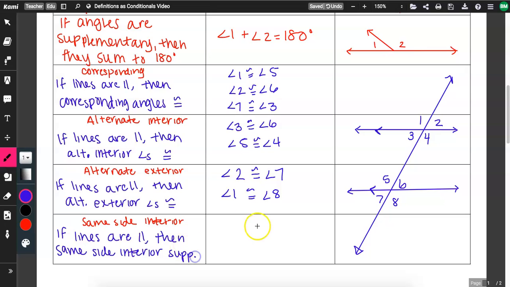And I'm just abbreviating here. So in this picture, we can say that angle 3 is supplementary to angle 5. Angle 4 is supplementary to angle 6. Okay, there's all of our definitions, all in one spot, so it's easy to find them for proofs.